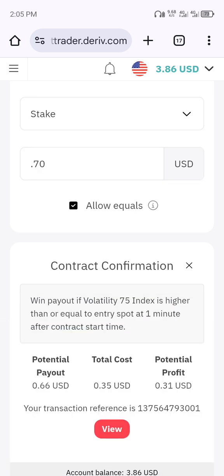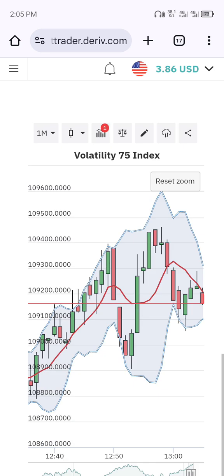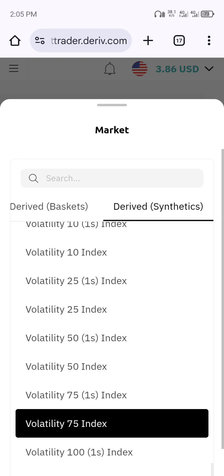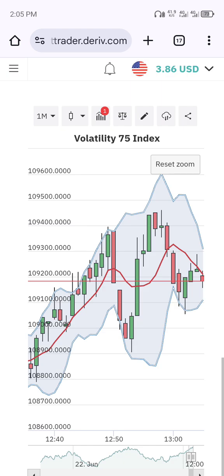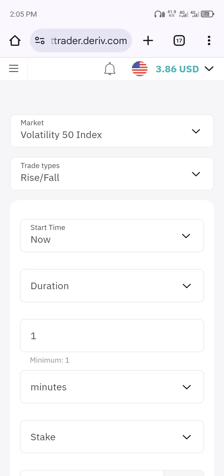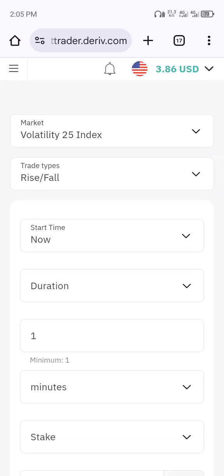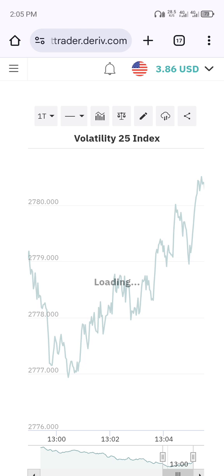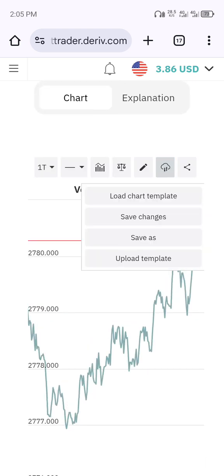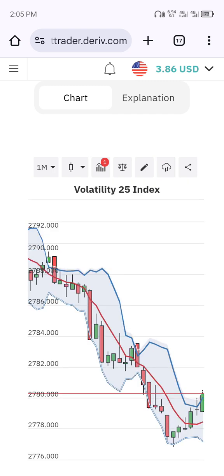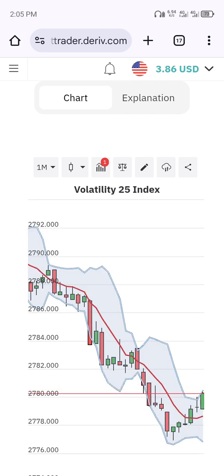Okay, we check out the markets. Let's check another market. 25 index is trending up. Let's see from the candlestick pattern how it's going.